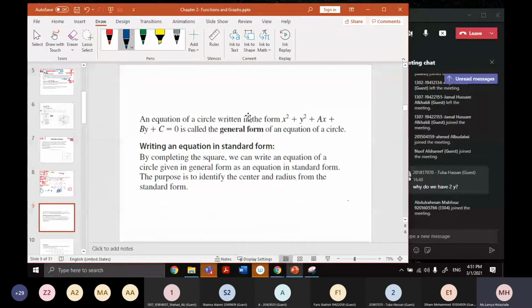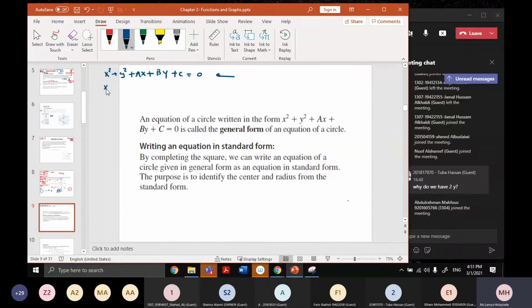An equation of a circle can be written in the form x squared plus y squared plus ax plus by plus c is equal to 0. So it is clear that the equation of the circle could be in the form x squared plus y squared plus a constant times x plus another constant b times y plus c is equal to 0. Yeah, this is also an equation of a circle. Or else, what is the other one?